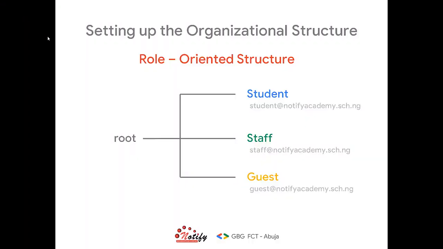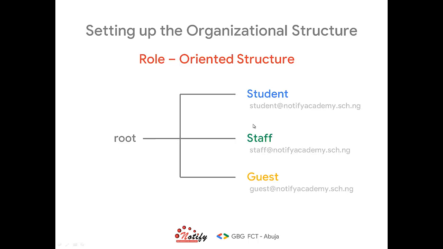So now, the role-oriented structure. This is what it means. The root is just like the root of a tree, where things start. From here, we're going to have majorly three categories: students, then staff, then guests.